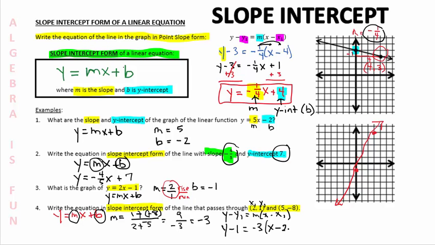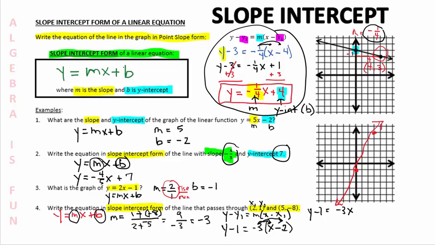my x1 is 2. And now what I'm going to do, what I did up here at the very beginning of the video, I'm going to distribute in this -3, so I get y minus 1 equals -3x. -3 times -2 is a positive 6.